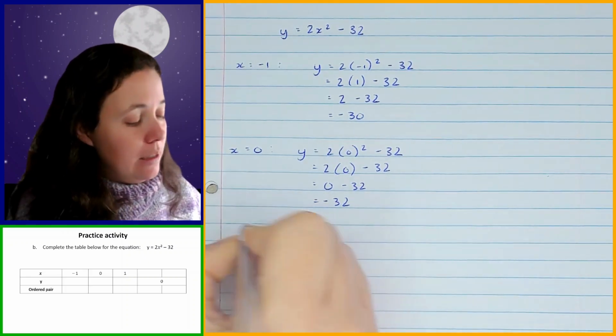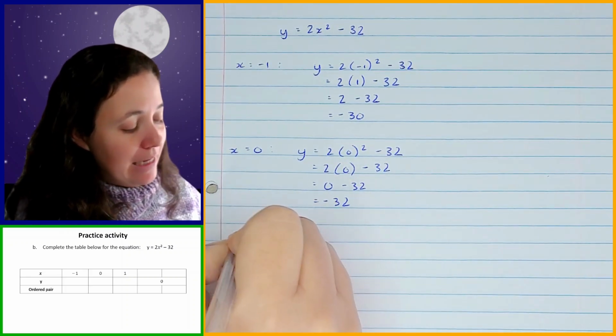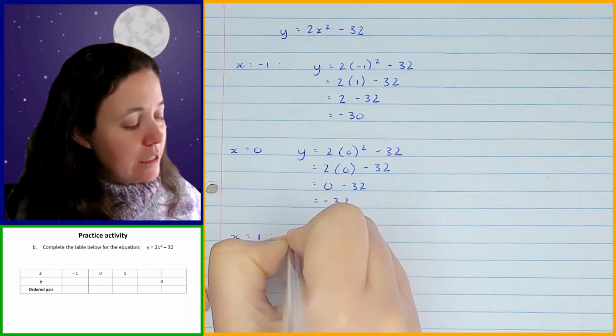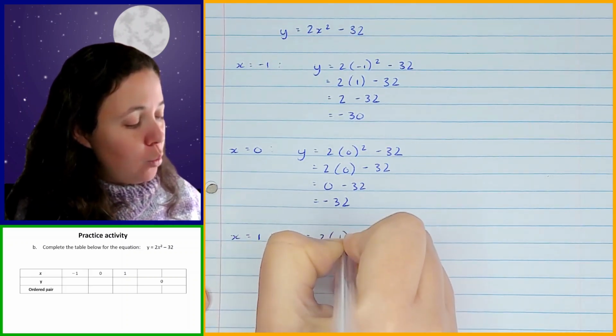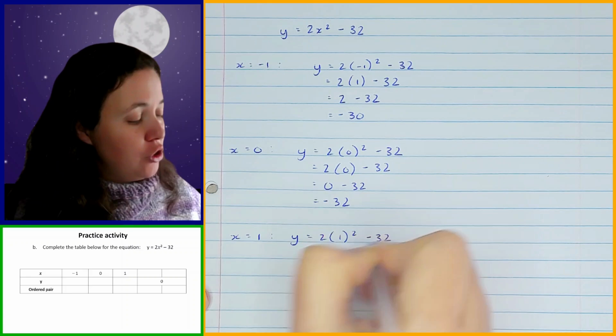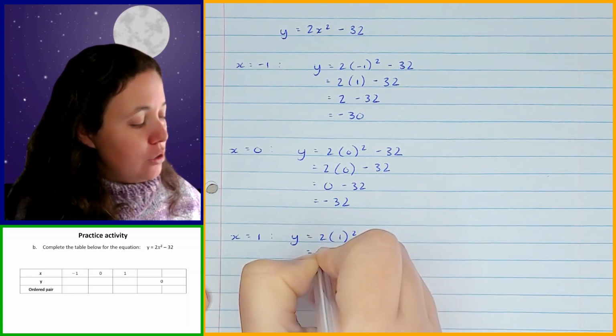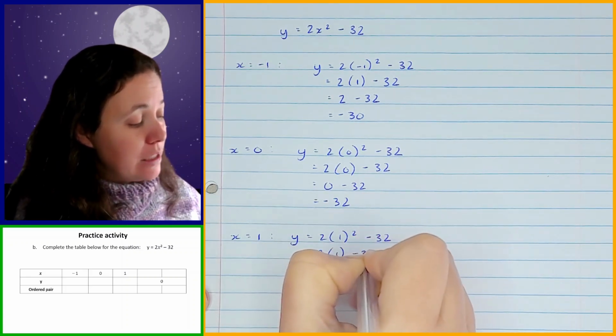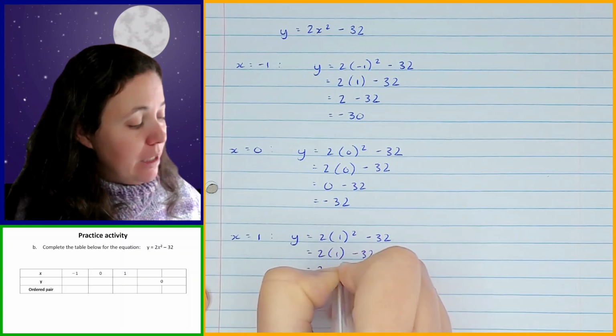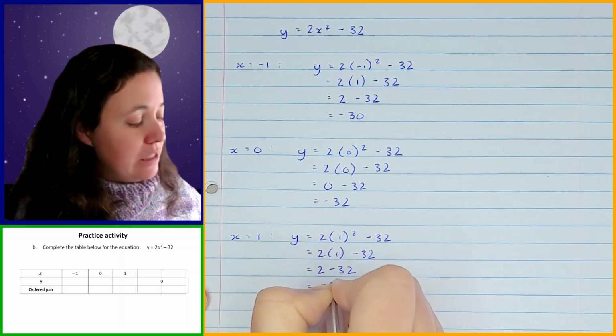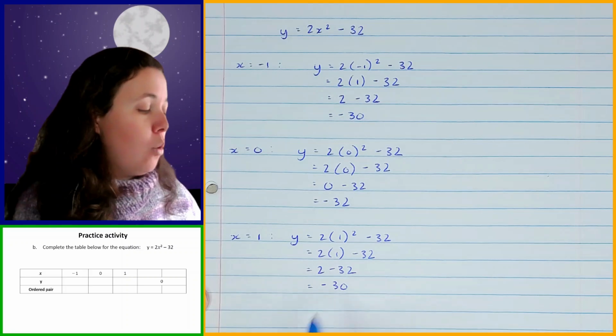Then the last one that you had to do now was if x is 1. So that's going to be y equals 2 times 1 squared minus 32, which is 2 times 1 minus 32, which is 2 minus 32, which is -30. So if x is 1, y is -30.